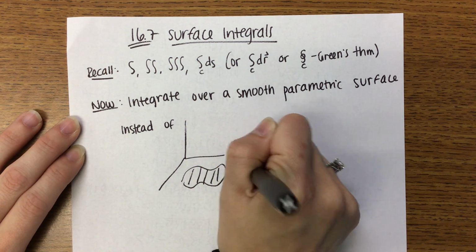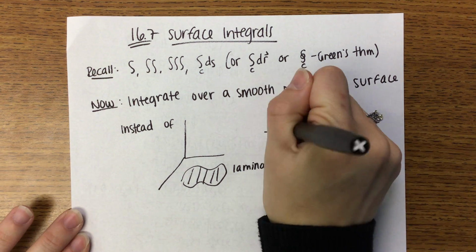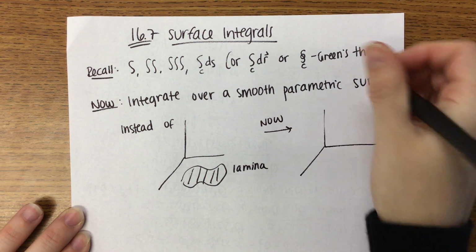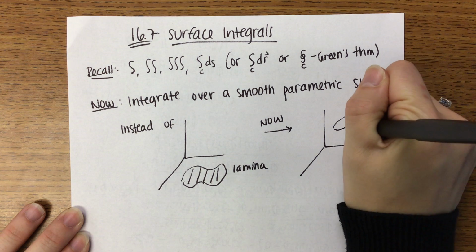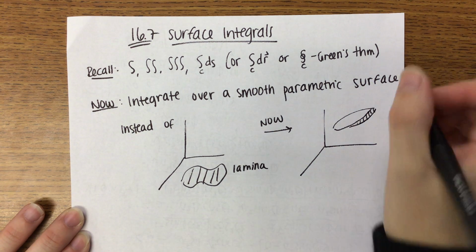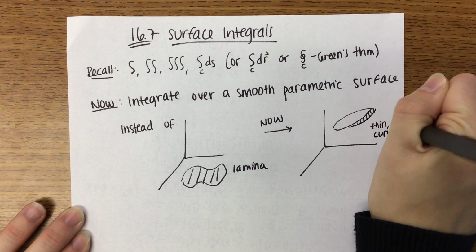We called it a lamina. So we said it had very small height and the height was negligible. So now what we're going to do is we are going to integrate over a thin curved plate.